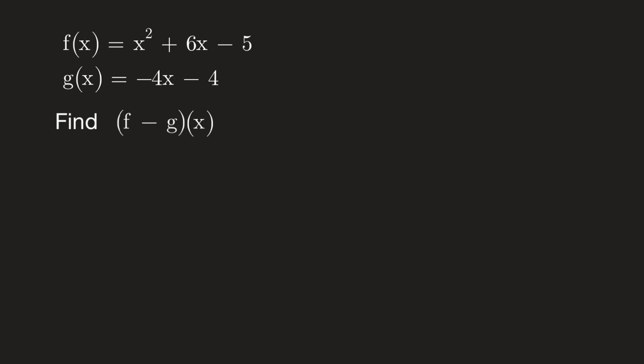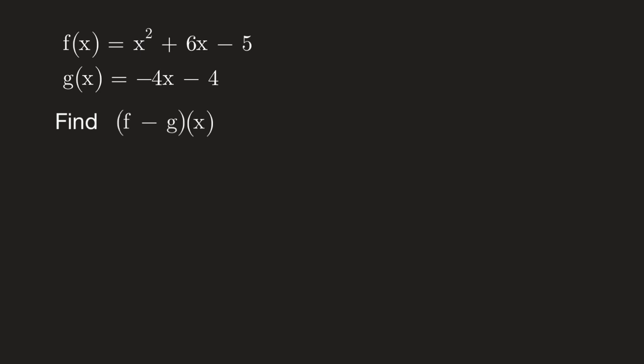What they want us to find, what are they wanting us to do with the two functions? Subtract them, right? Take the f function, let's subtract the g function. Now, you notice in this little set of parentheses, it's just an x, all right?